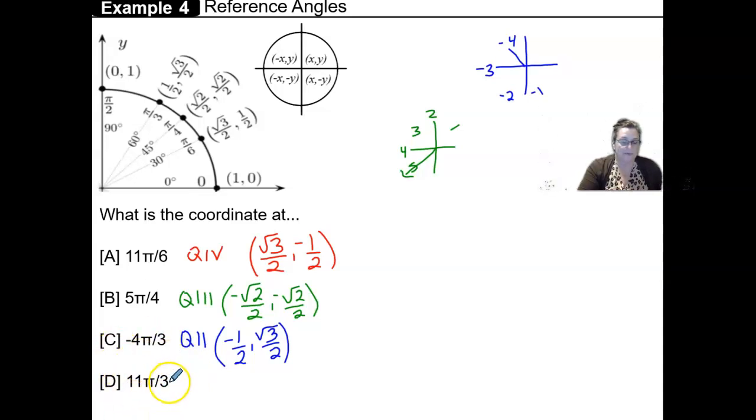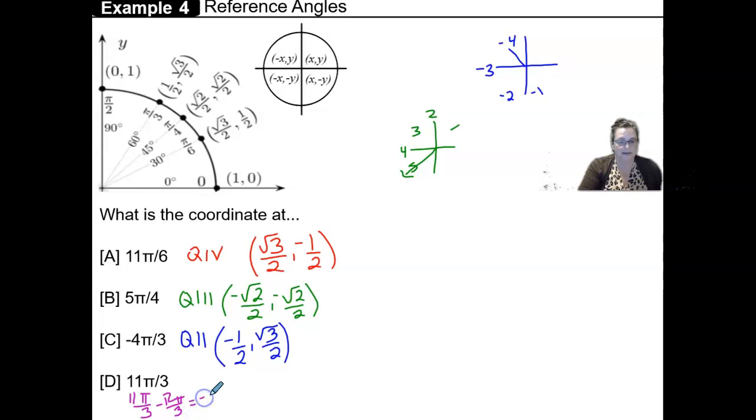So if I double my denominator, that's a 6, so I'd have 6 pi over 3. 2 laps around would be 12 pi over 3, which is 11 pi over 3 minus 12 pi over 3, which is 2 laps around.